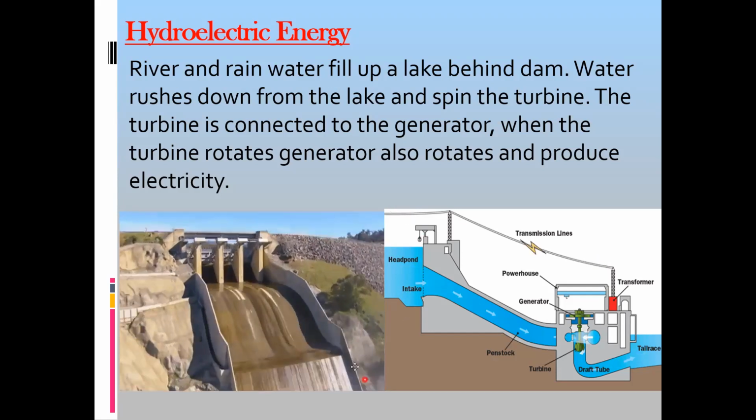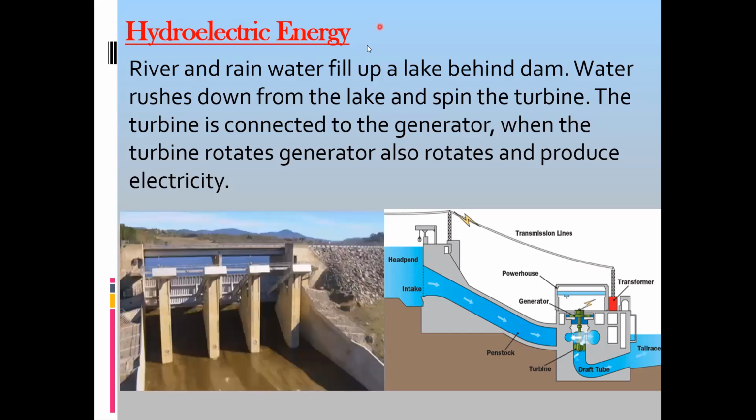So it rarely happens that the water is completely used up in the dam. Because once the water is allowed to flow, it is a continuous flow of water, so water is coming back into the dam by different valleys and through the rain. Is it clear? This concept of hydroelectric?